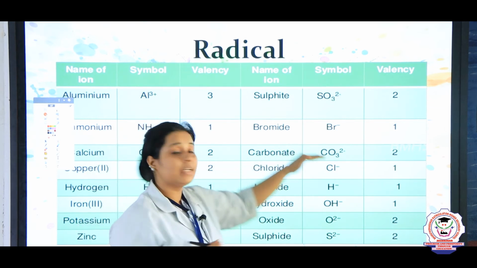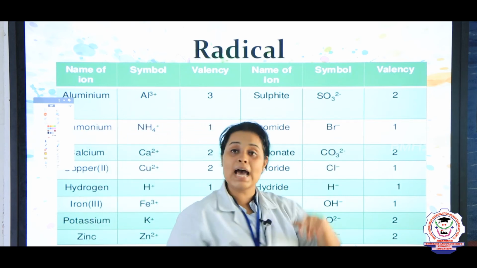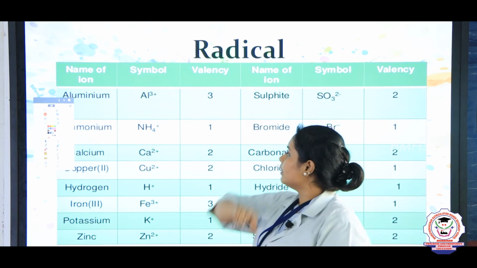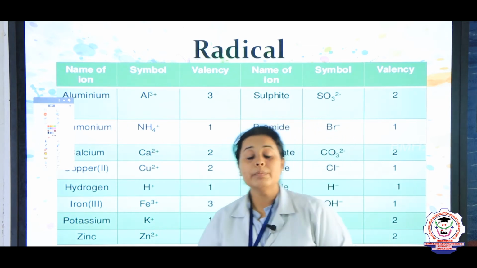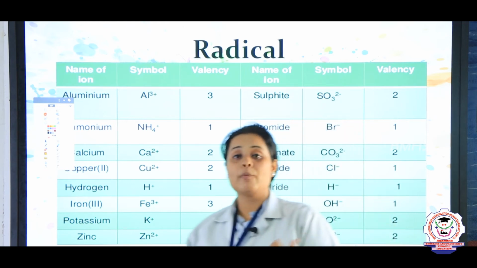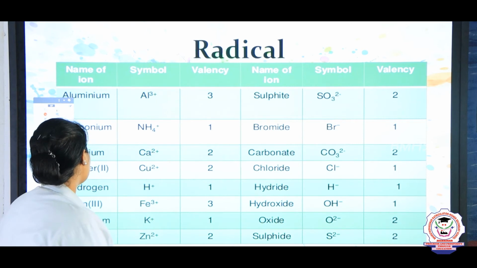Same way, carbonate is written as CO3 2- because it has 2 additional electrons. And ammonium is written as NH4+, which means it has 1 electron deficiency. So, these are the radicals.